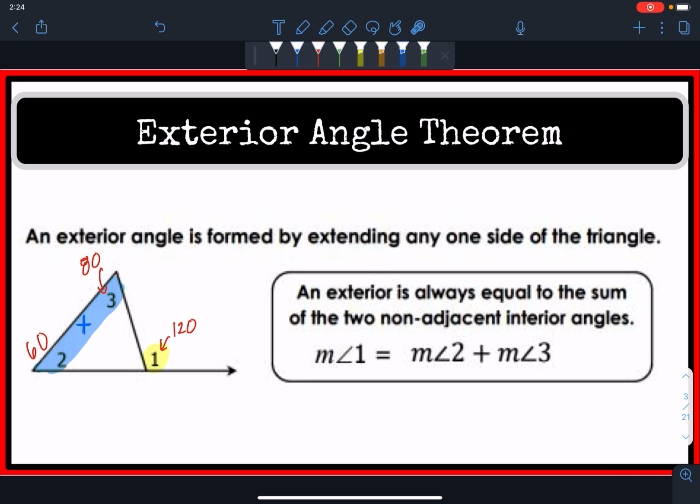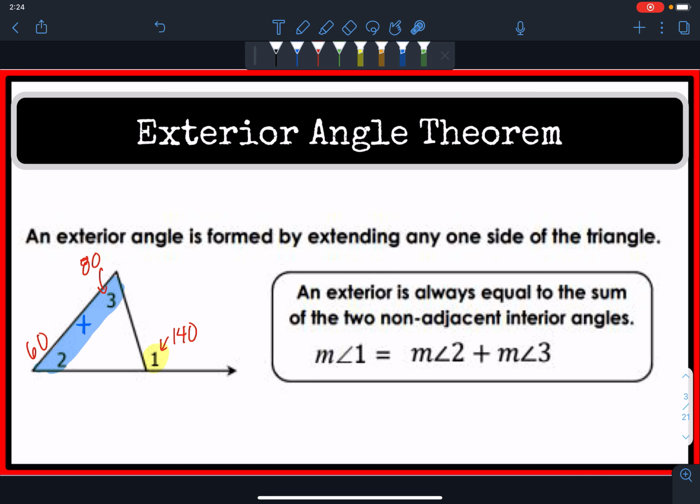Or vice versa. If this is equal to 140 and this one is equal to 60, then this angle has to equal 80, because again, these two add up to that number out there.